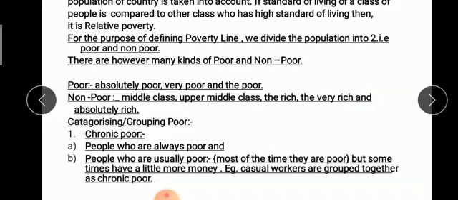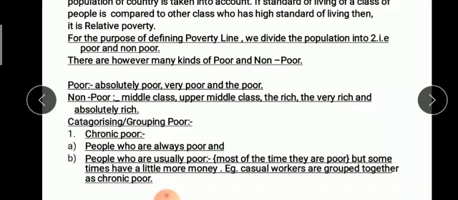So there are five kinds in non-poor, and the poor are three kinds: absolutely poor, very poor, and the poor.